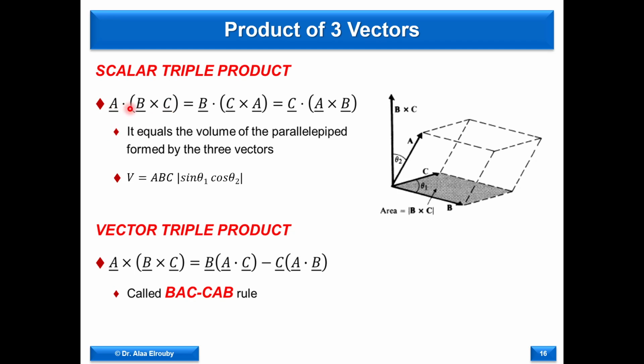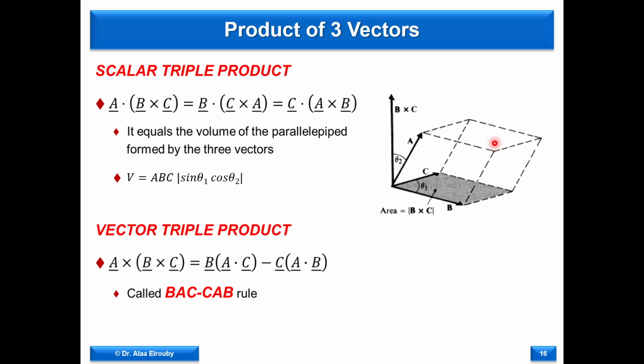So this one, A dot B cross C, of course we do the B cross C first, we'll have a vector, then dot product the vector with A. So this relation can be expressed as B dot C A or C dot A B. And this relation is a dot product with a vector produced by the cross product, so it is a scalar quantity, and this relation equals the volume of the parallelepiped.